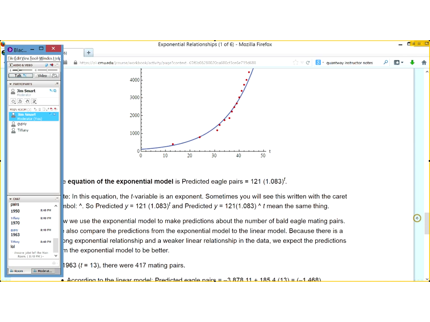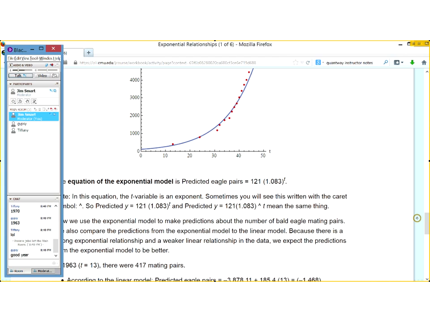So it says 1963 is t equals 13. So the first year for the graph is 1963. So it's not that the number of eagle pairs is outside the range.